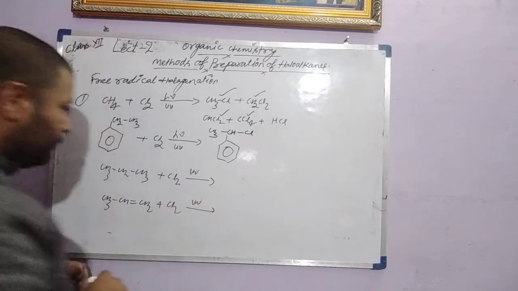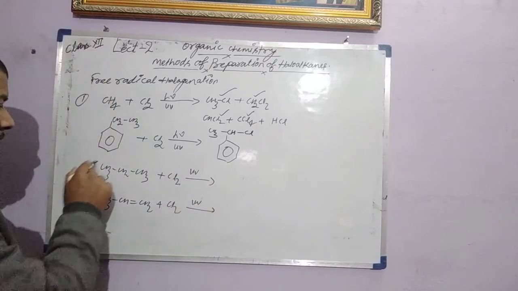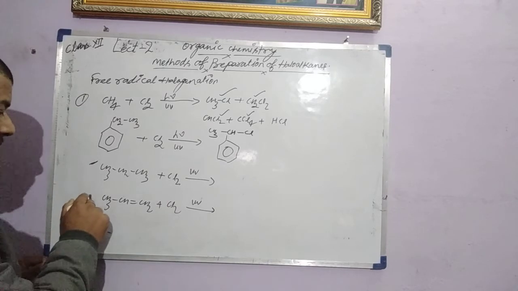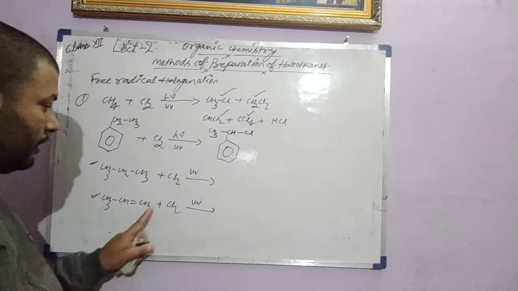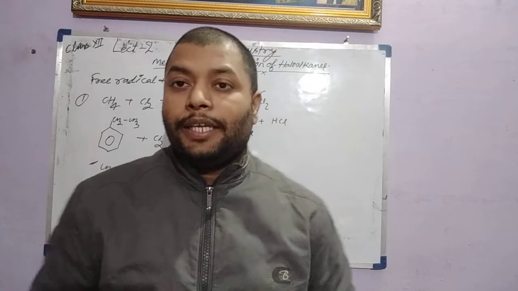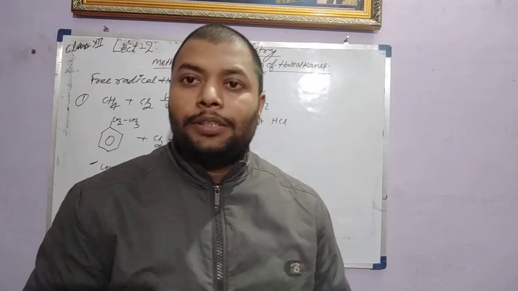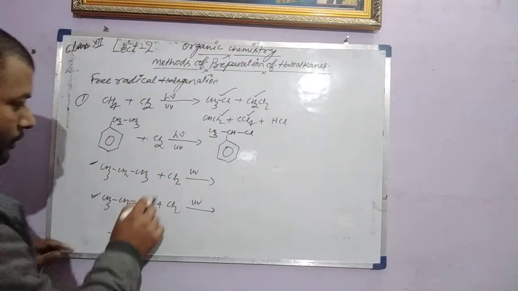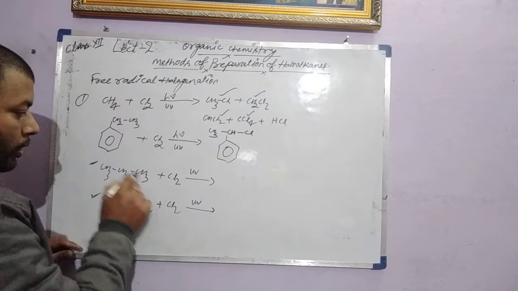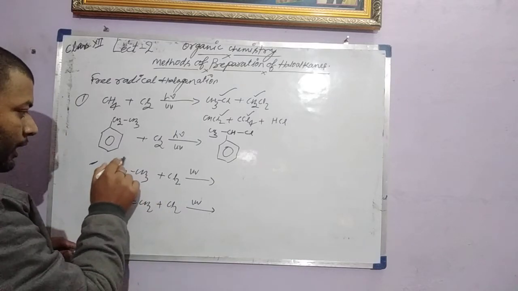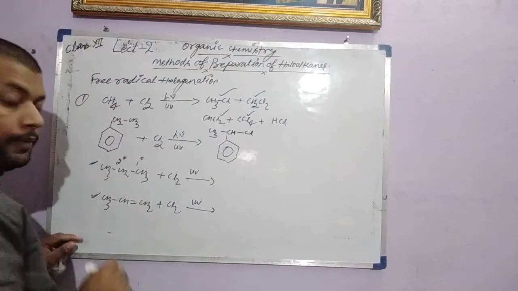With ultraviolet, if you take propane, the products will really surprise you. This is a 2-degree carbon and this is a 1-degree carbon.